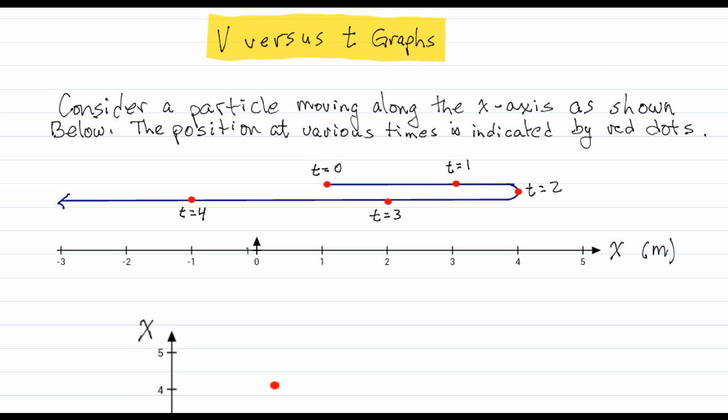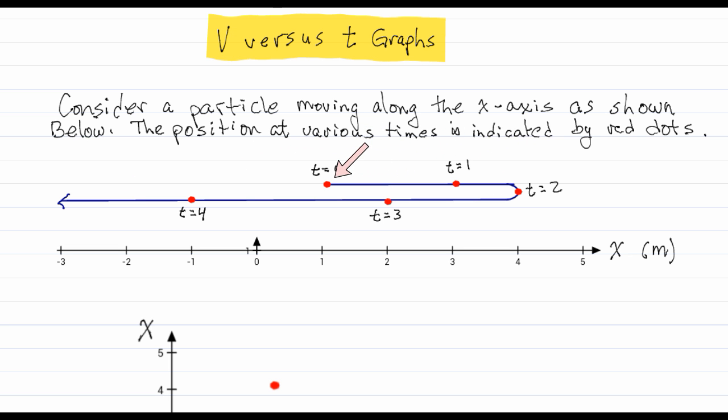We have a particle moving along the x-axis. Its path is given by this blue curve, and its position at various times is shown by red dots.